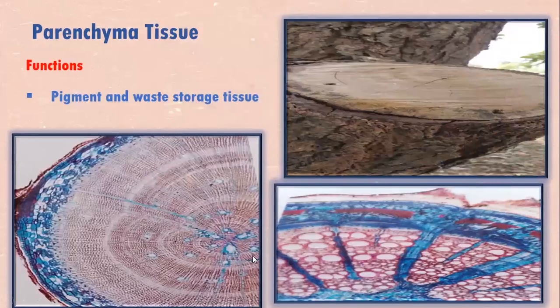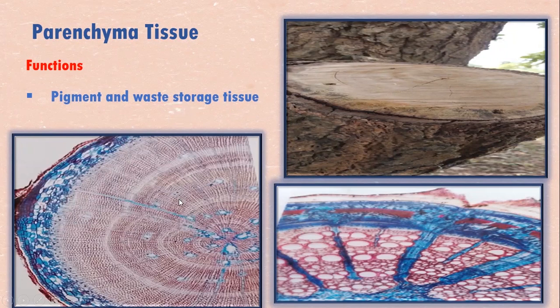We'll look at parenchyma tissues as tissues that store pigment and waste, all right? So you have a lot of waste like tannins, glue, latex, all right? They are all stored up in some parenchyma cells.